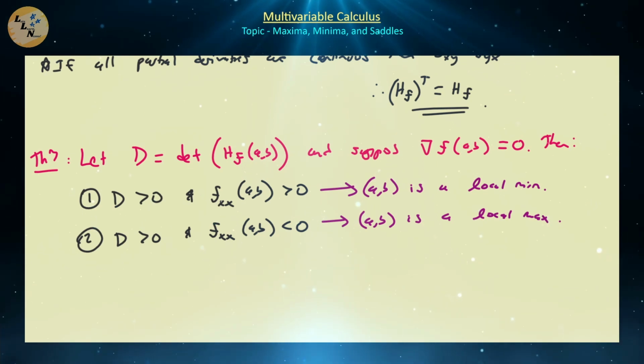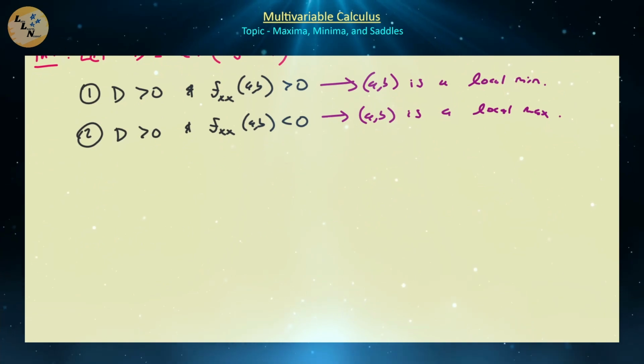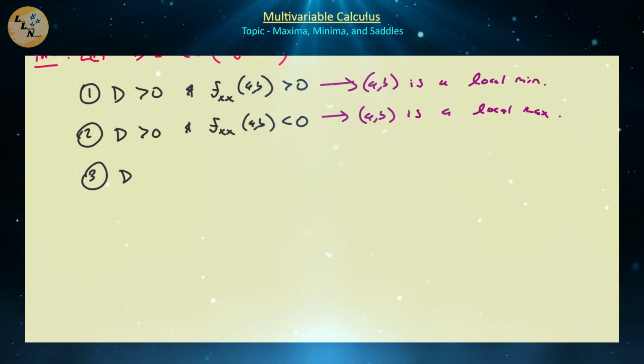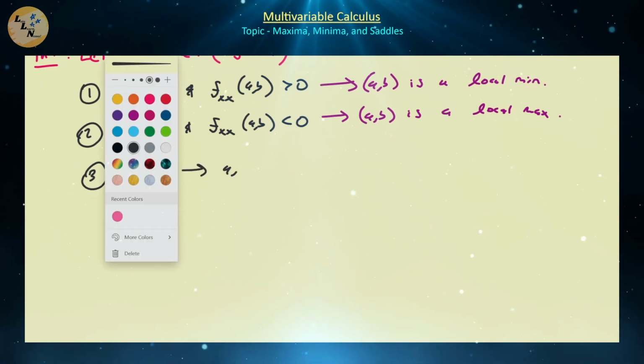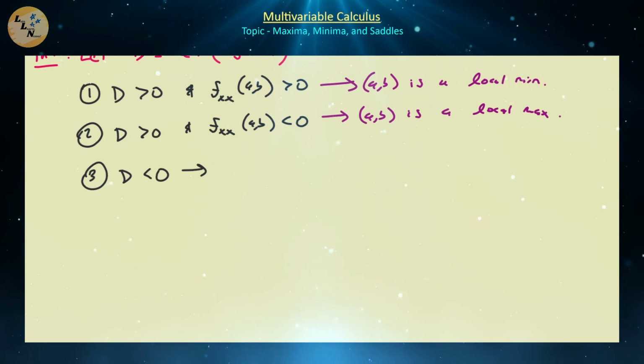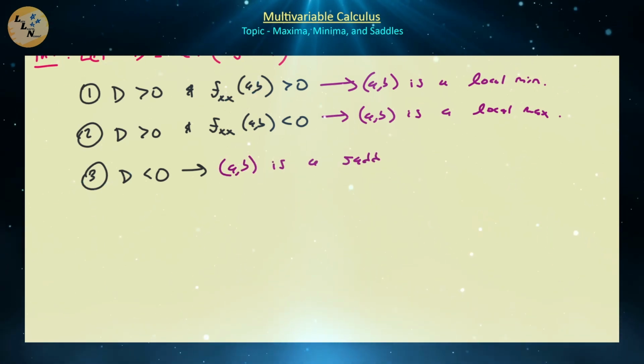These two reflect directly from the single variable calculus rule. Now third, this is where it changes a little bit. If D is negative, then (a, b) is what we refer to as a saddle point.